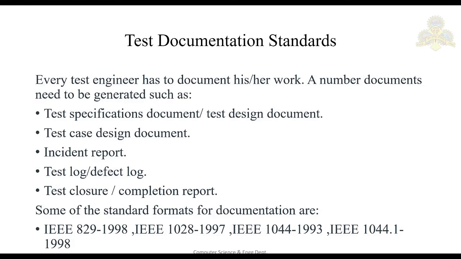Then IEEE 1028-1997, the standard for software reviews. Then IEEE 1044-1993, the standard for classification of software anomalies. The last one is the guide to classification of software anomalies. According to these guidelines only, the tester has to maintain their work.